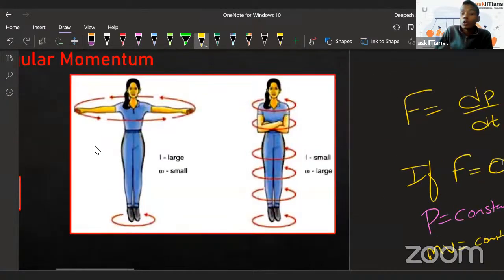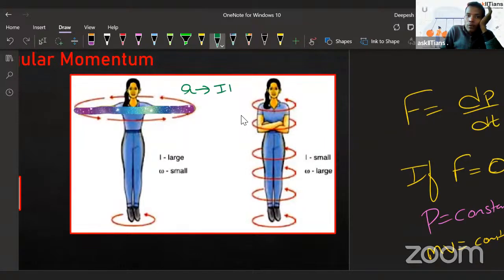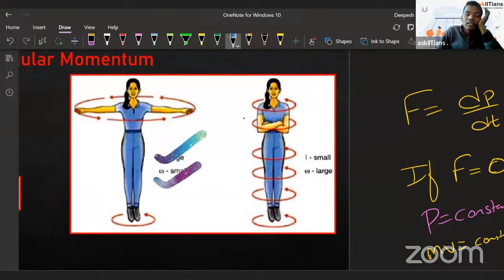This is a very good example. When a body is rotating and the value of I, the moment of inertia, is big, as you have increased the radius, then automatically the moment of inertia will also increase. If it is increased, then omega is small.